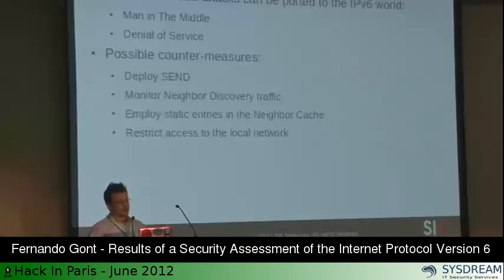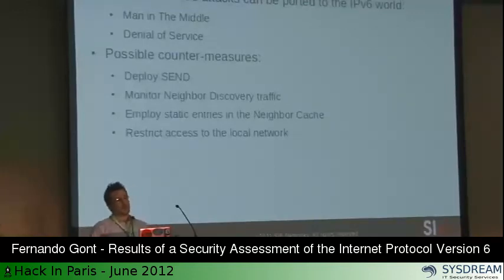One of them is to deploy SEND. SEND is a very complex technology that essentially tries to incorporate authentication in neighbor discovery. So it's a way to actually sign every neighbor solicitation and neighbor advertisement message. You can use RSA signatures and so on.